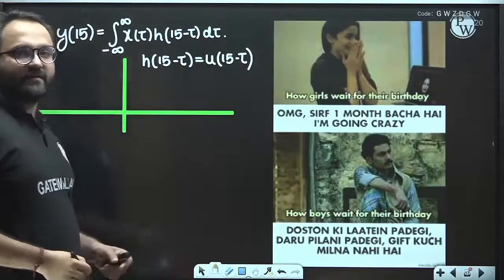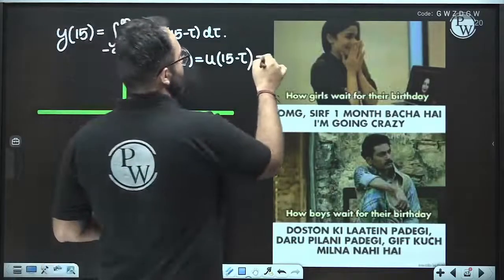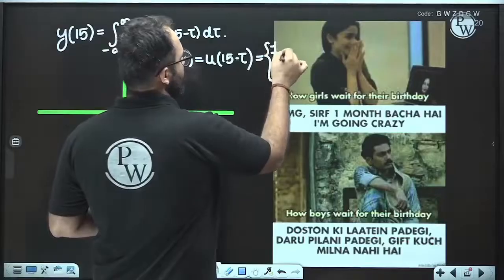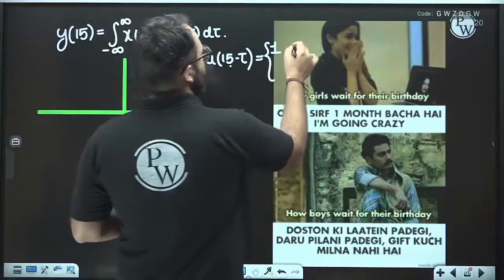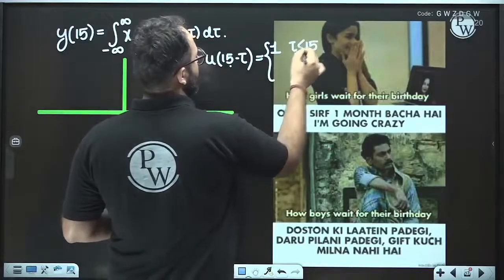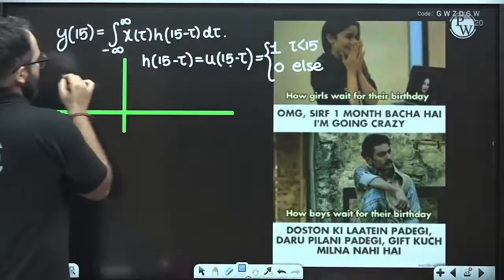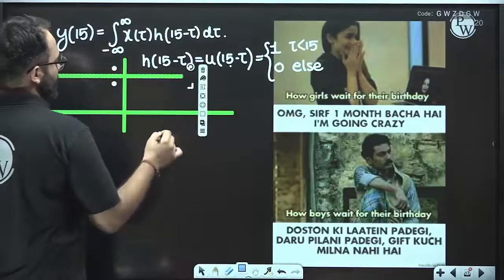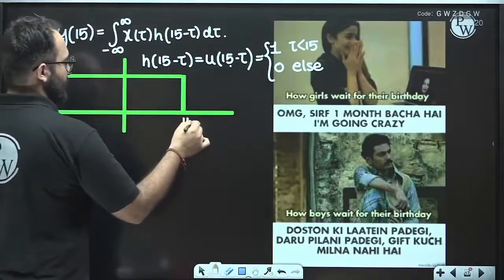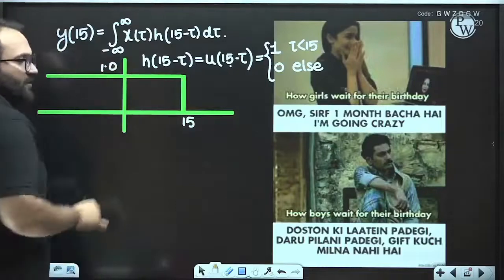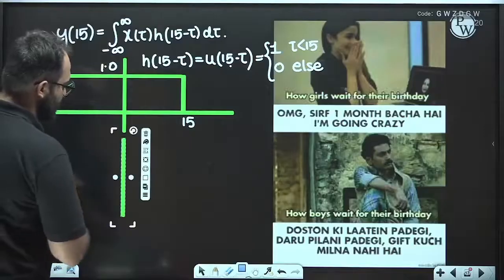With the same expression of u t, it will be equal to 1 where 15 minus tau is positive, that is when tau is less than 15, and 0 elsewhere. So this will be a signal from minus infinity to 15, height 1.0. Great. Now x tau will remain the same.